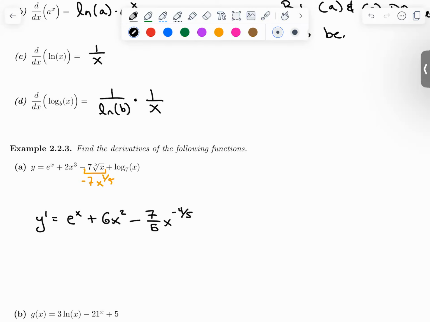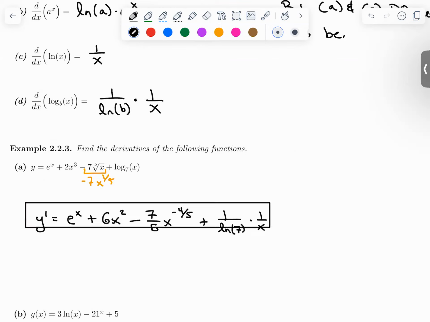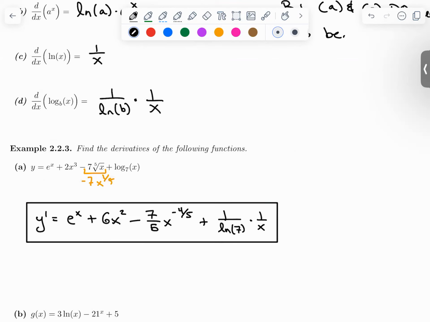And log base 7, that's that property up there. That's plus 1 over natural log of 7 times 1 over x. Any questions on that?